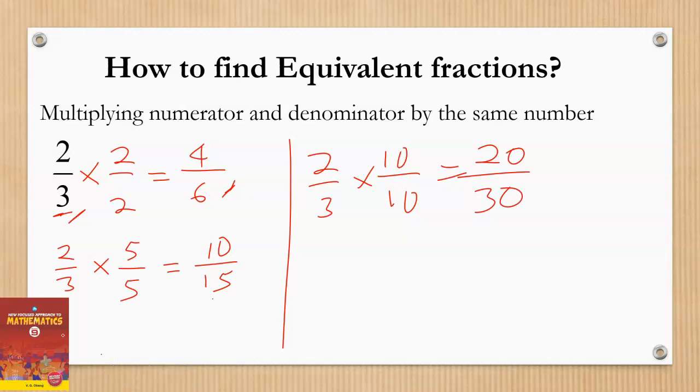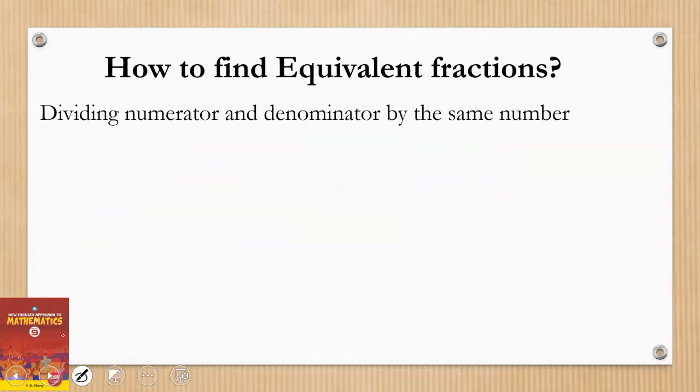Now let's look at it also in terms of using division. Let's say we have 8/12. We can create an equivalent fraction by picking a number that can easily divide 8 and 12. Let's say, for example, I use 2. 2 can divide 8 as 4, and 2 can divide 12 as 6.